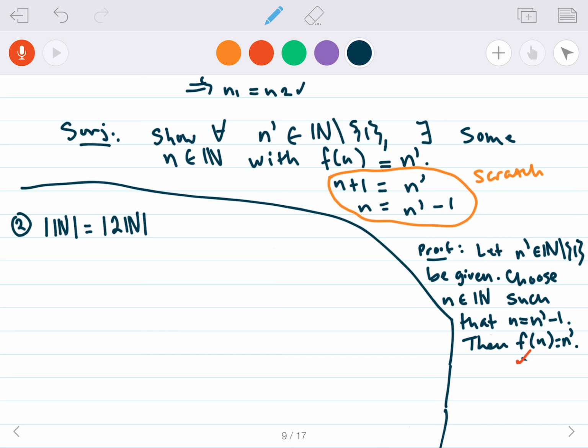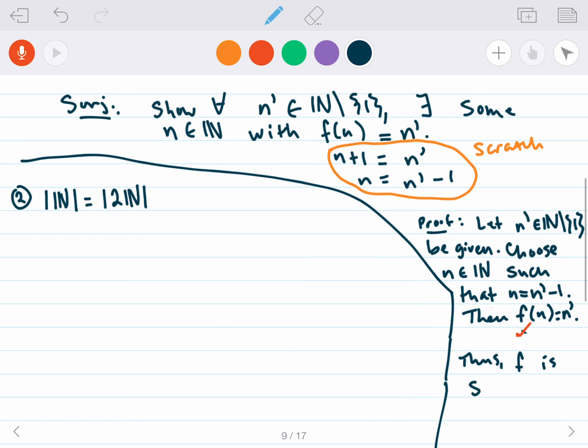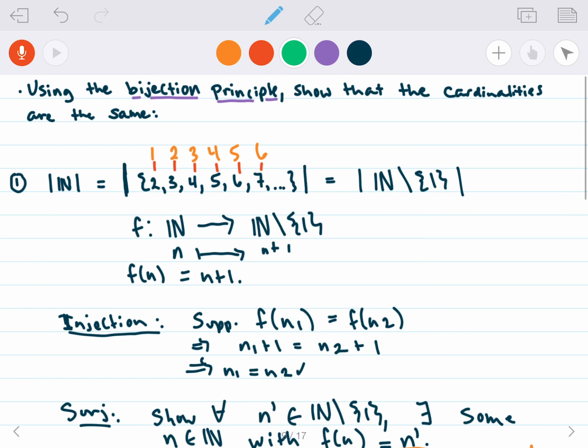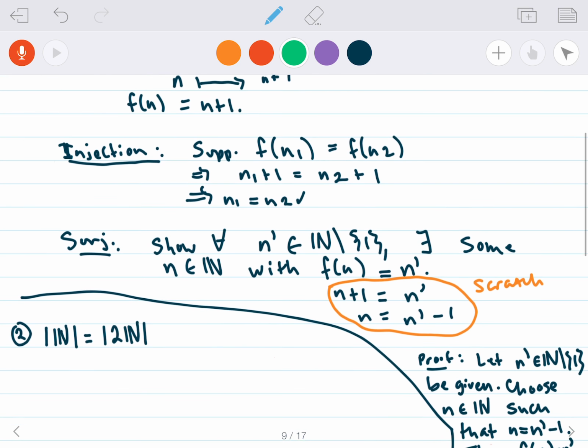So thus f is surjective. And so, since f is both injective and surjective, it follows that f is bijective. And hence, since we found a bijection between the naturals and the naturals without 1, these two sets are the same size, the same cardinality.